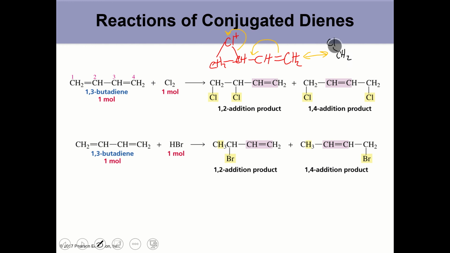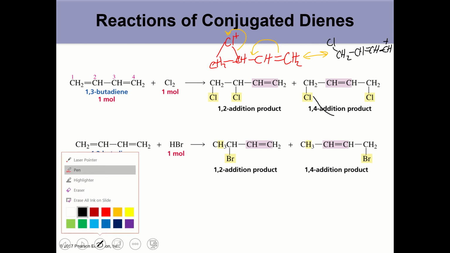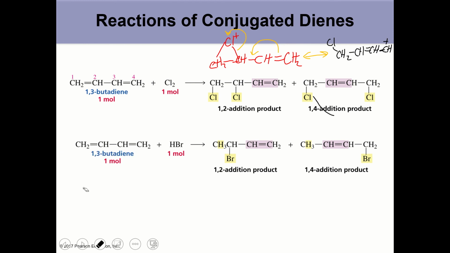CH2, Cl, CH, pi bond, CH, bonded to CH2 with a positive charge. So that is an allylic cation, which we know is at least as stable as a tertiary cation. So we're allowed to have that cation.